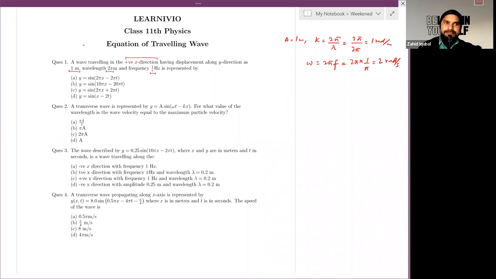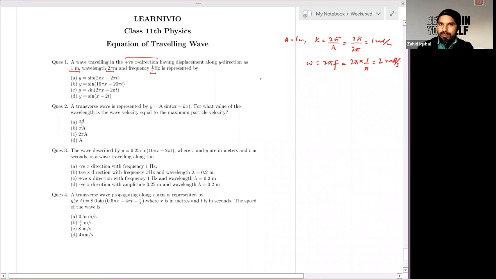Good, Mamuna. So according to the equation, y equals a times sine (kx minus omega t). Now, if you put k equal to 1 and omega equal to 2, amplitude we have 1, so you get sine (x minus 2t).